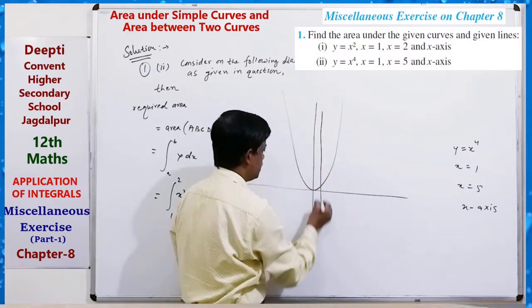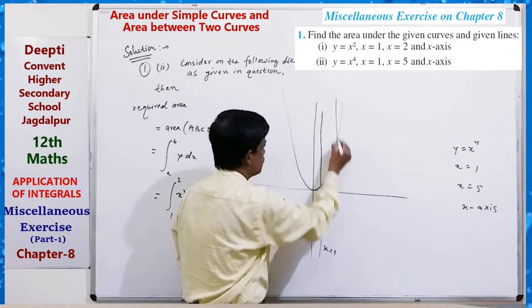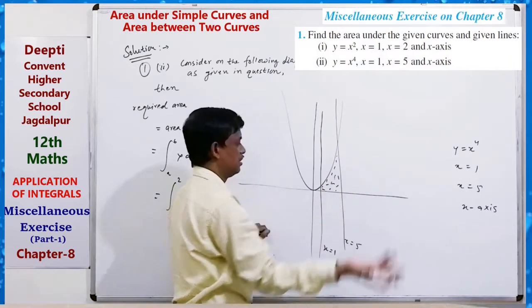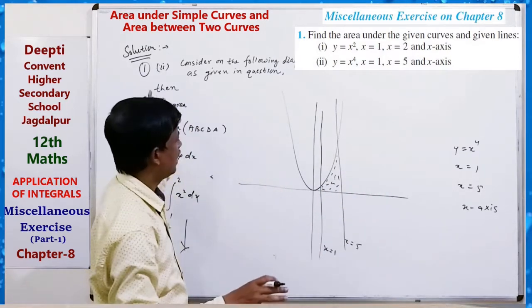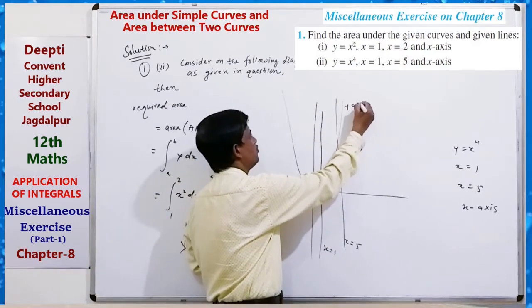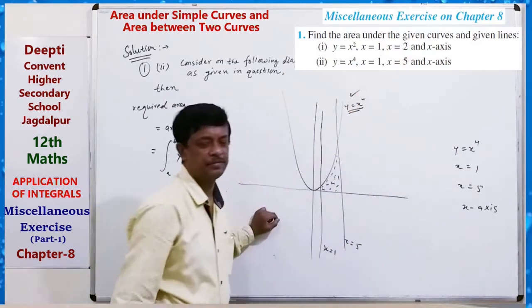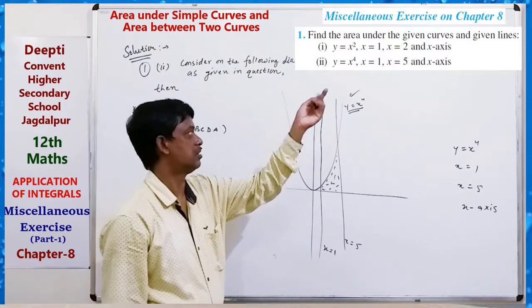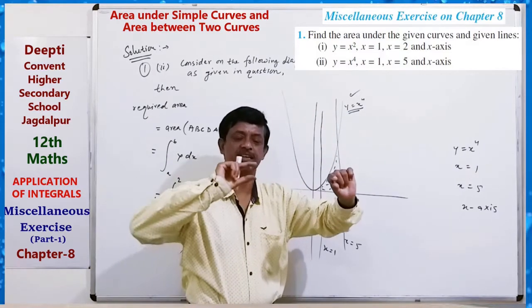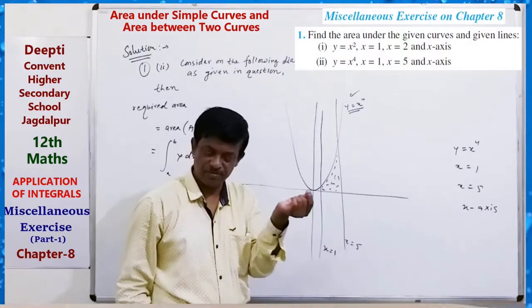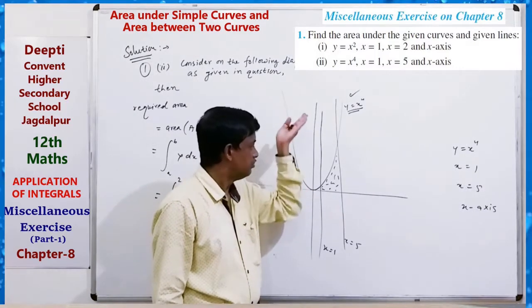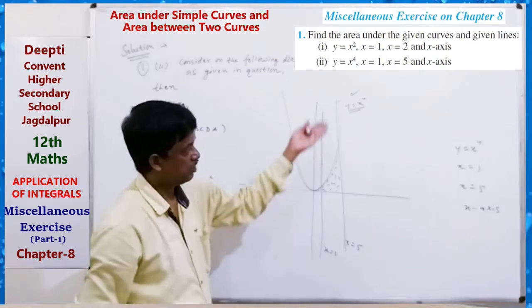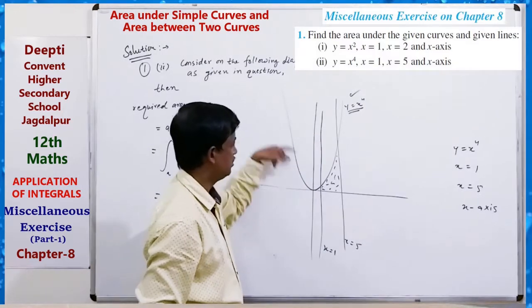This is x equals 1 and this is x equals 5. Because of the even power, y is always positive, in the upper part, and these are also parabolic. x square may be taken as a new x because of the positive value. So the curvature is more than y equal to x square, and the parabola can be drawn like this.